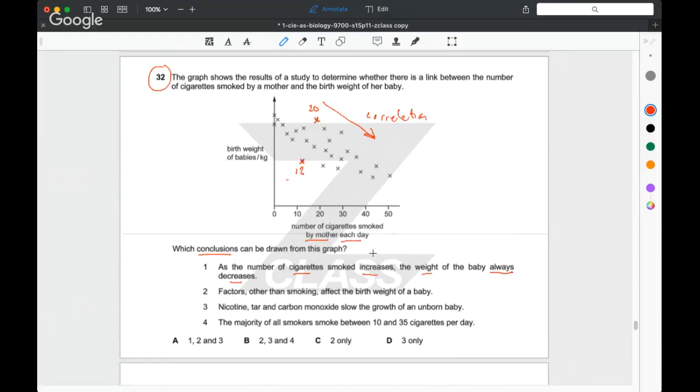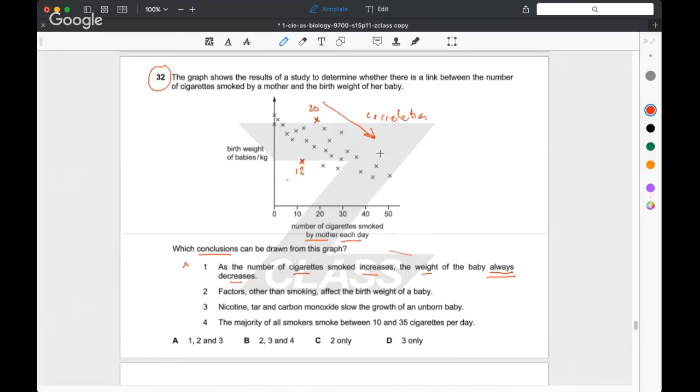So it's not true that as the number of cigarettes smoked increases, the weight of the baby always decreases. Now, there's quite a lot of evidence to show there's a correlation, but it's not always true. There's an example here where one mother was smoking more cigarettes per day and had a baby whose birth weight was quite high. So that's not true.